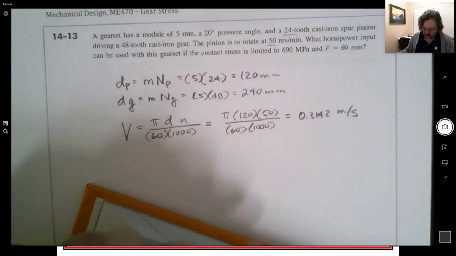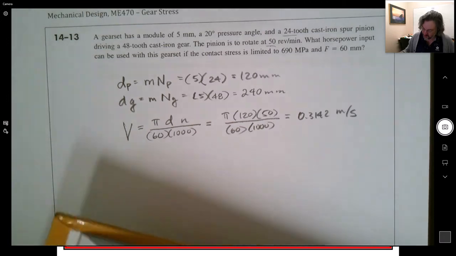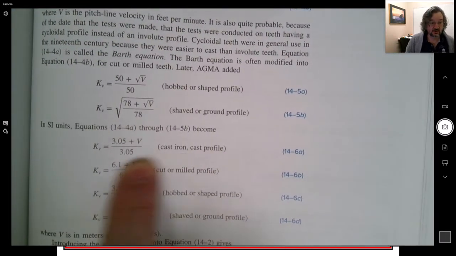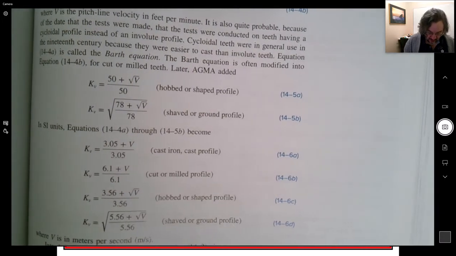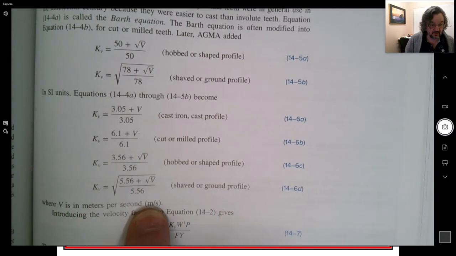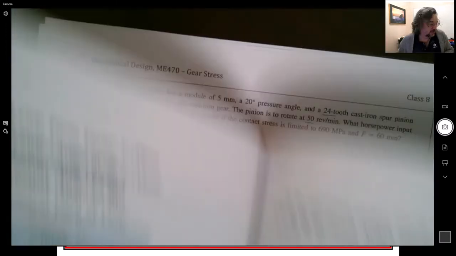Well, these are cast iron, so maybe when we go to use a dynamic factor, we will use cast right here. So there you go. We will then use cast, and that's what we did right here. We have to be careful that we're using, it says right there, V in meters per second, so this is the SI version of this equation.